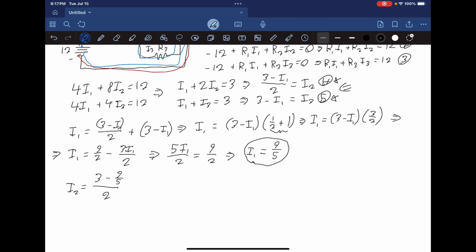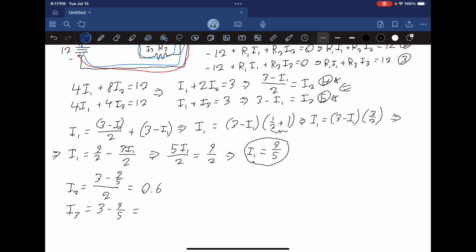Let's see, I'm just going to plug that into a calculator really quick because most of the time I like to put my currents in decimals anyways. So 3 minus 9 divided by 5, and then divided by 2. This is 0.6.